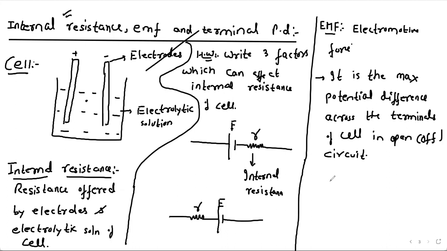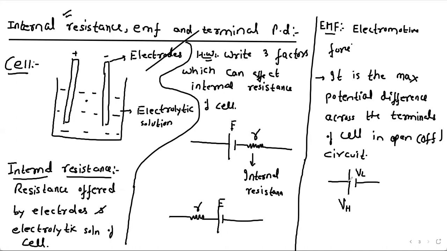So like, let's say I give you a cell. When we draw a cell, this terminal, which is longer, represents higher potential, and this shorter one represents lower potential. This cell is in open circuit, meaning you are not withdrawing any current through the cell.